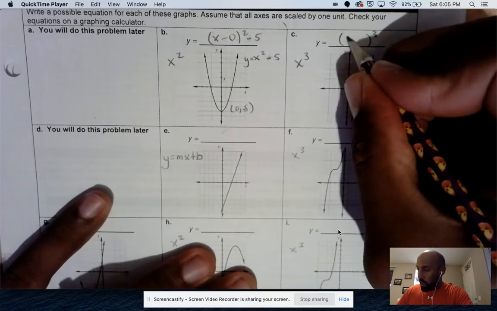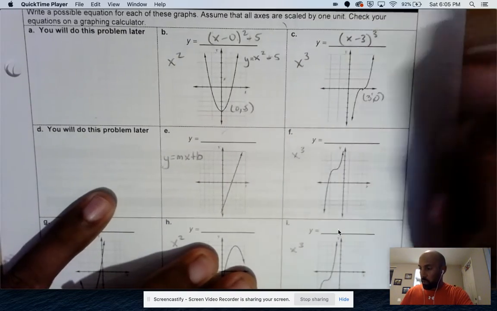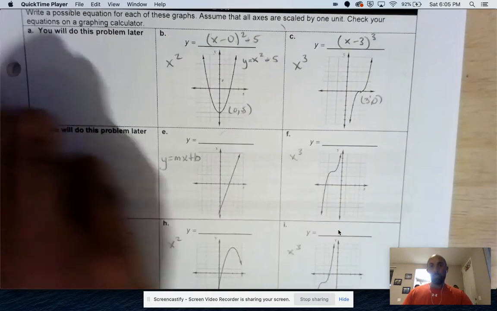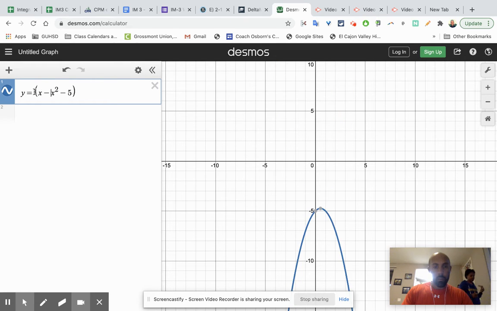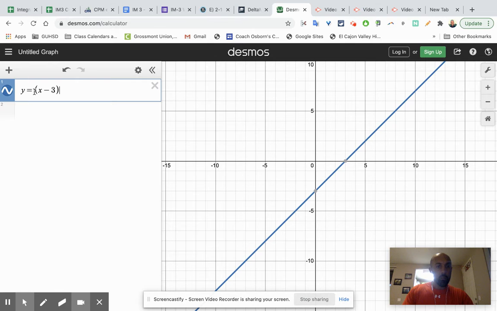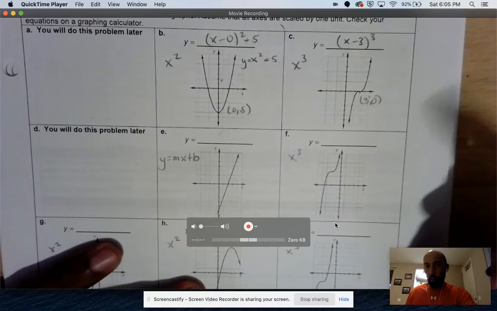So it's x minus 3, cubed, and then plus 0. So that's it. Let's double check it. So x minus 3, and then we put a little cube up here. And that looks pretty much the same graph, right? So we can keep double checking as we go.